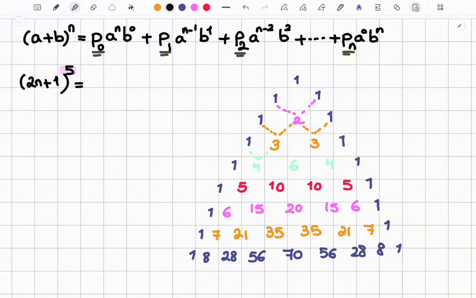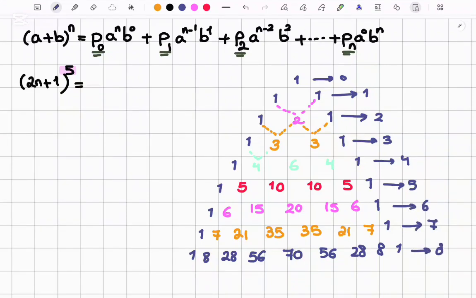I want you to pay attention to something. This is row number 0. This is the row number 1. This is row number 2, 3, 4, 5, 6, 7, and 8. I want you to pay attention to something, that in each row you have the number of the row in it.